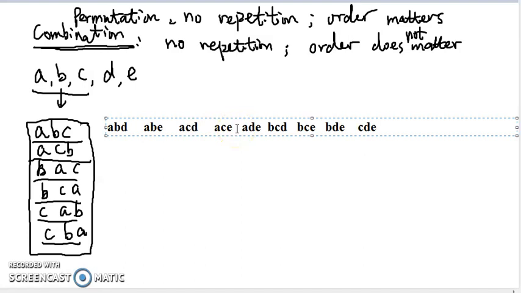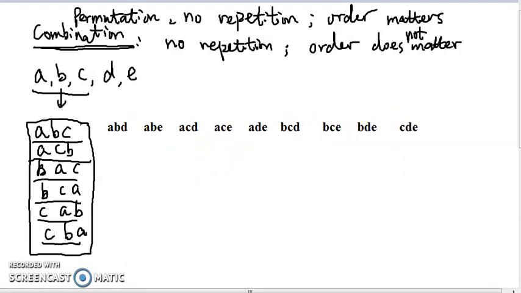So later on, we don't really want to list every single one. We want to find a formula that can tell us how many combinations we have without listing every single one. So what I did is, I just fixed A, B first and tried to replace the third person with a different person. So I have ABD and I have ABE.